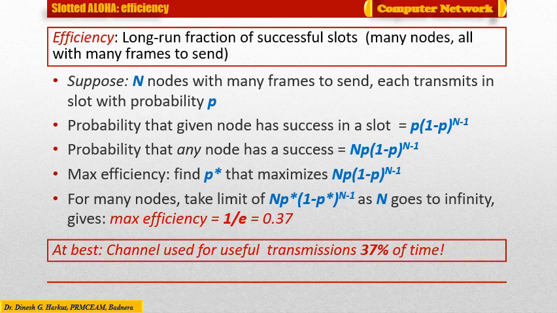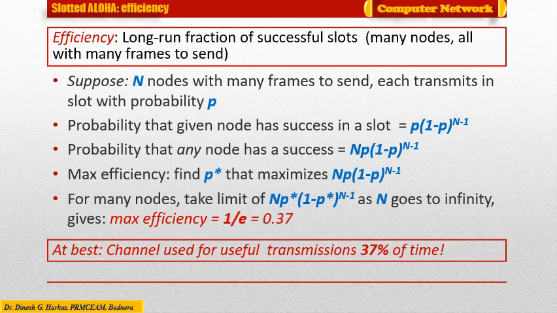For better understanding and to keep the derivation simple, we will modify the protocol a bit and assume that each node attempts to transmit a frame in each slot with probability P. That is, we assume that each node always has a frame to send and that the node transmits with probability P for a fresh frame as well as for a frame that has already suffered a collision, which we term a retransmission of a collided frame.